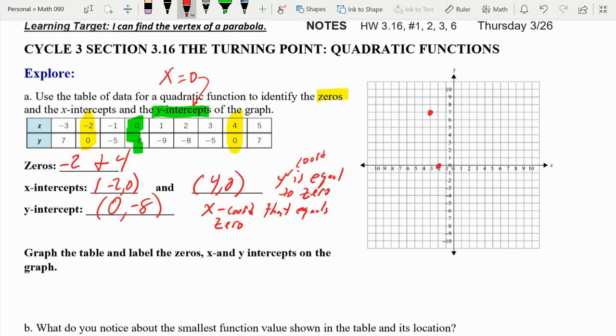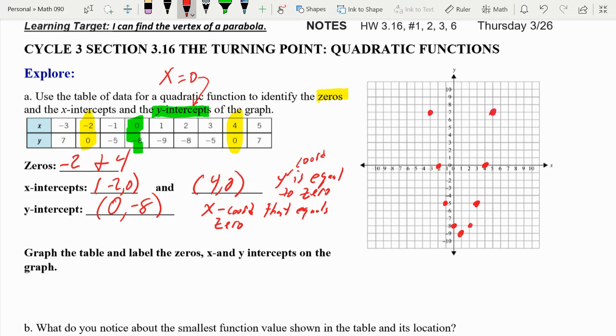Well, there was our zero because the y-coordinate is 0. And then (-1, -5), (0, -8), (1, -9), and (2, -8), (3, -5), (4, 0), and then 5 all the way up to 7.